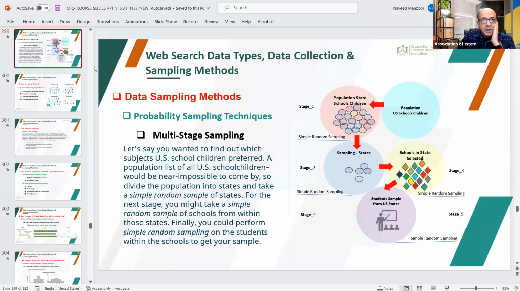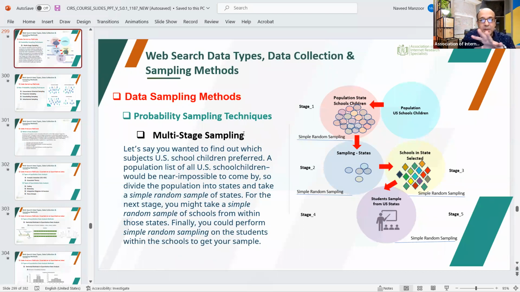One thing for the exam is that you don't have to define what probability sampling techniques are. All they will give you is these charts, because in the exams you don't have a lot of time and they know it. Your examiner just wants to know if you can connect with the diagram that is shown, and it would say to identify it with the type of sampling, and they'll give you the multiple choices.